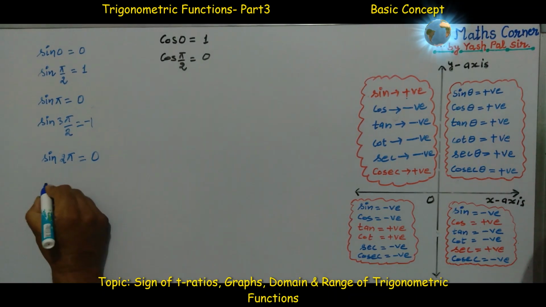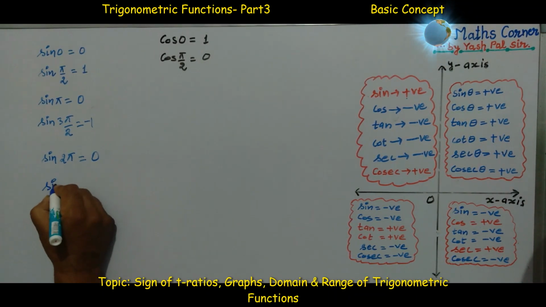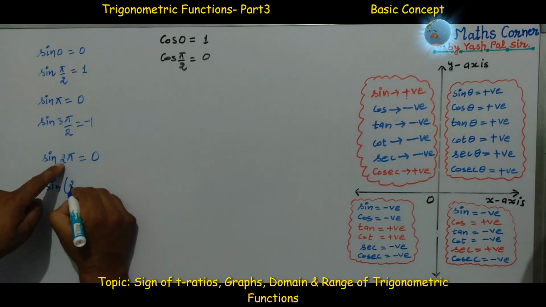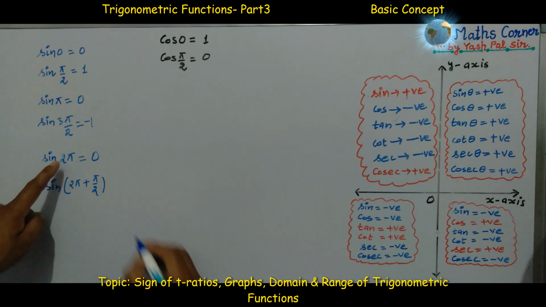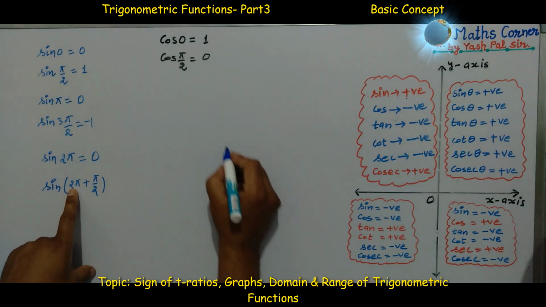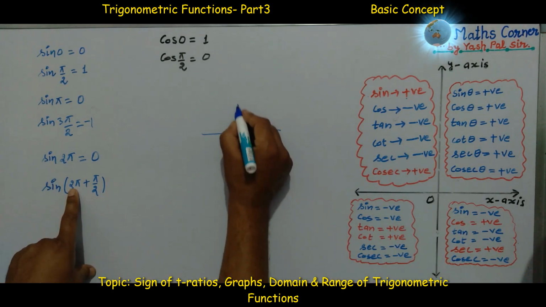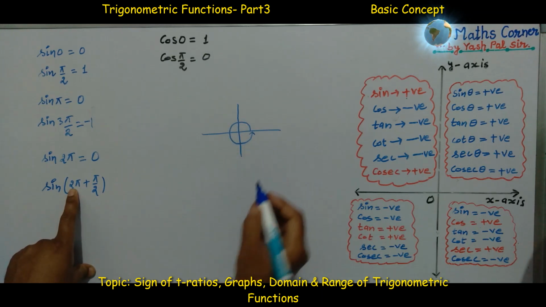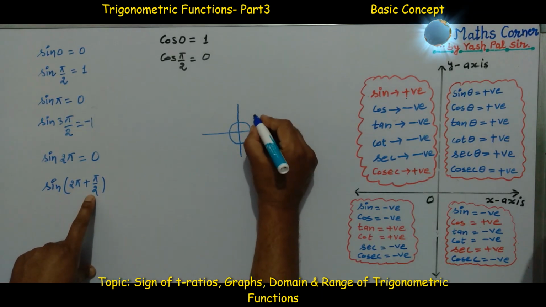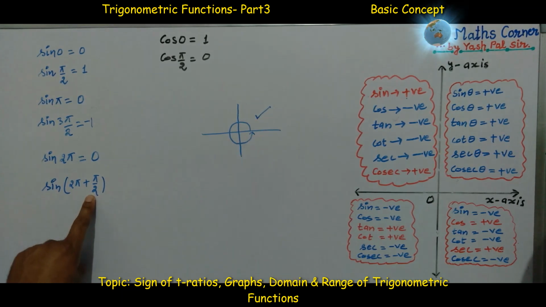Now, let us see what is the value of sine after this 2 pi. We add one more pi by 2. Then what happens? 2 pi means one complete circle. 2 pi plus something means we again come to the first quadrant.